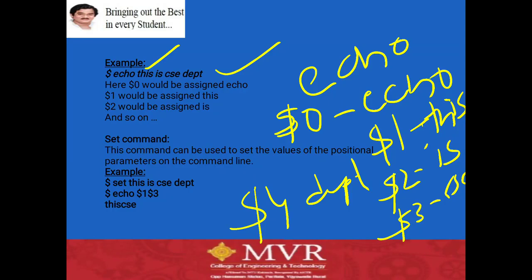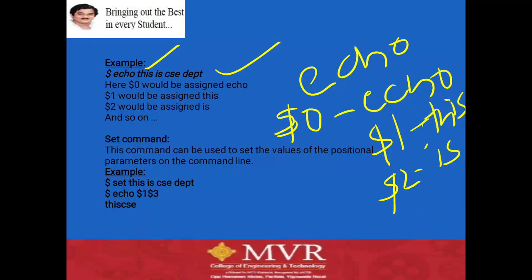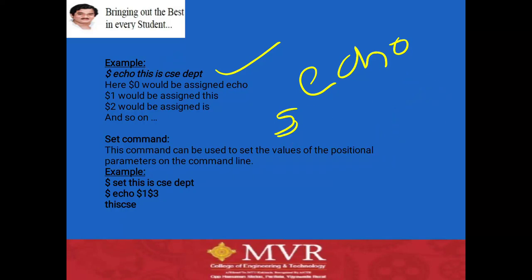Whenever you use echo $1, what is $1? Nothing but this will be displayed. Echo $2, what is $2? Is will be displayed. Echo $3, what does it display? CSE. Echo $4, what does it display? Department. Like this, everything will be stored in the positional parameters, and there are only 10 positional parameters, and the first positional parameter is always used to store the command. Nothing else can be stored in that first one.